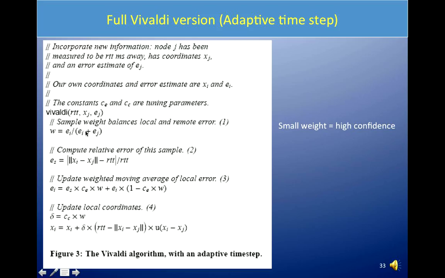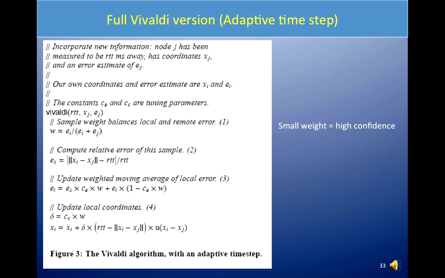With this formula, if the remote error is small, then we take it as correct and move according to the remote node. But if the remote error is large, then we don't give a big factor to that distance xj.